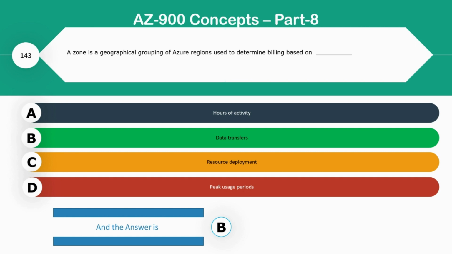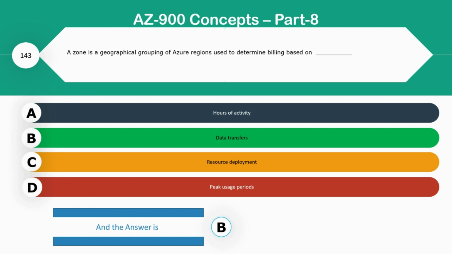a zone is a geographical grouping of Azure regions used to determine billing based on data transfers. Billing applies to both incoming as well as outgoing data, and it varies between the zones. That is, data transfer between zones and regions in a zone are billed.